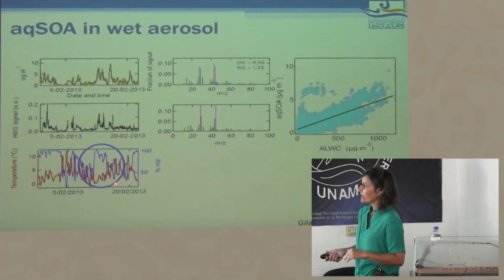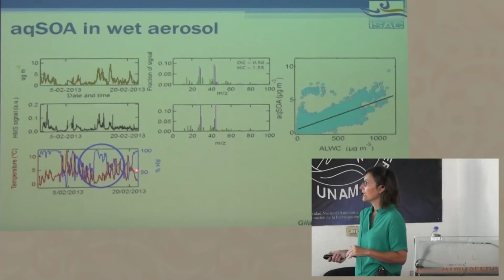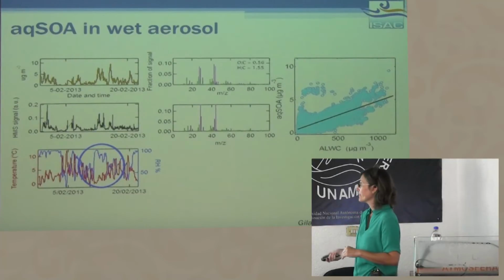I just want to point out that the highest concentrations are observed in this period when the temperature is usually below 5 Celsius and relative humidity is higher than 70%.